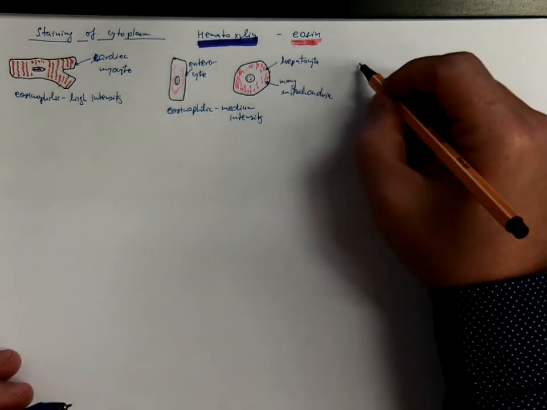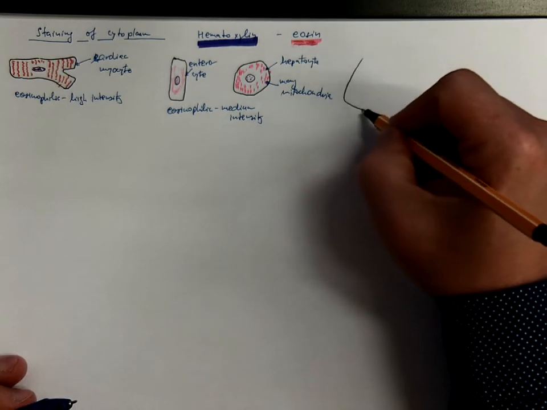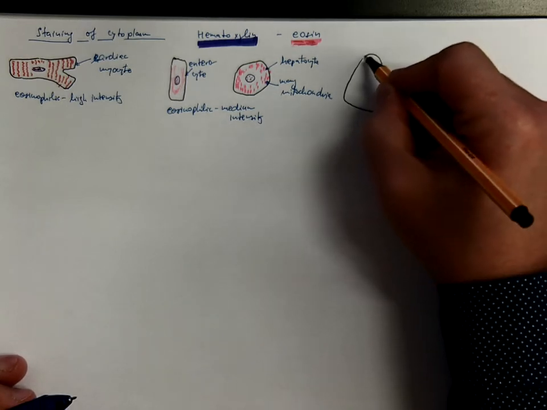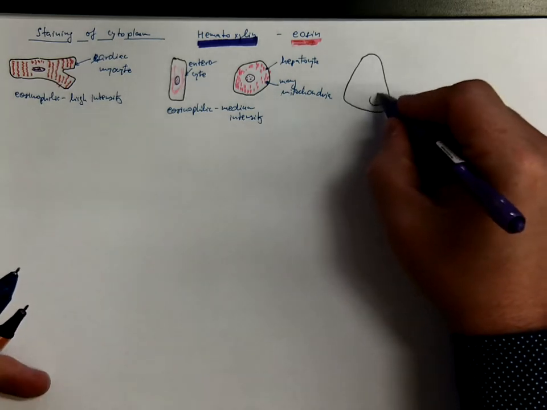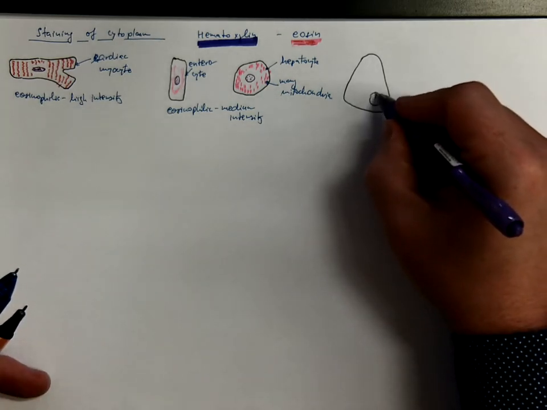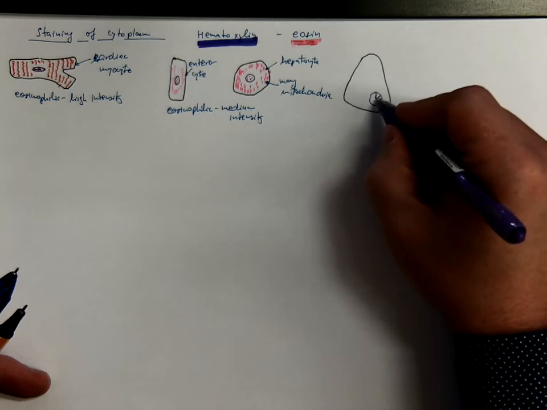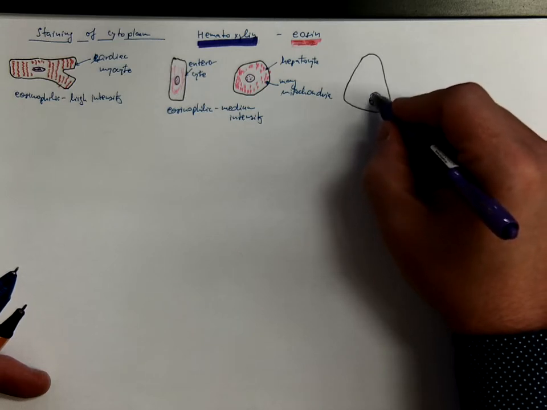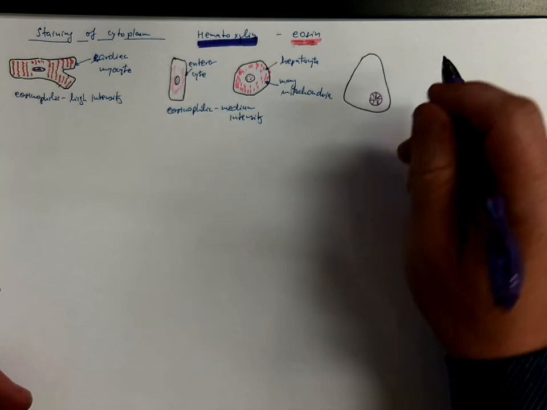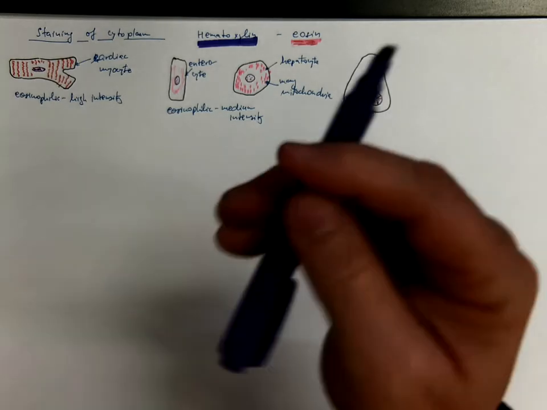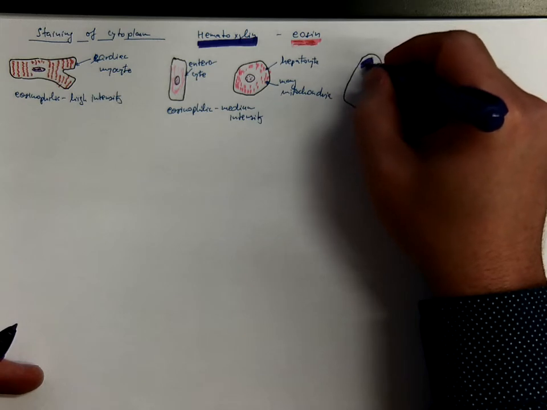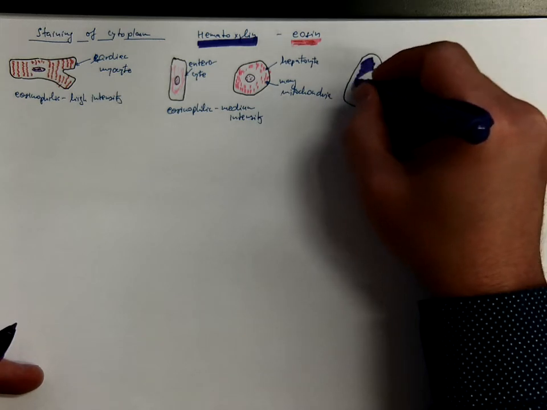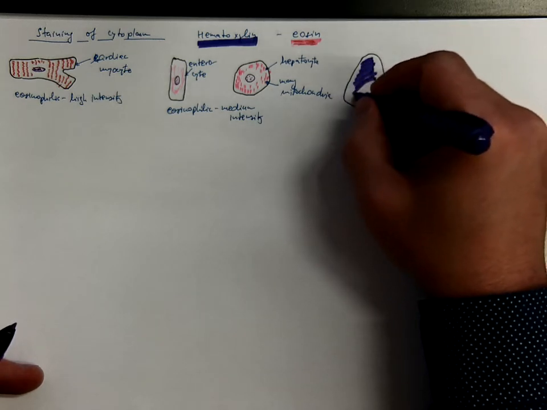Let's proceed to highly basophilic structures. A good example would be a plasma cell, the one with the nucleus that has a typical pattern of chromatin, cartwheel or clock face chromatin. But at this point we focus on the rough endoplasmic reticulum. That's the granular endoplasmic reticulum with many ribosomes.